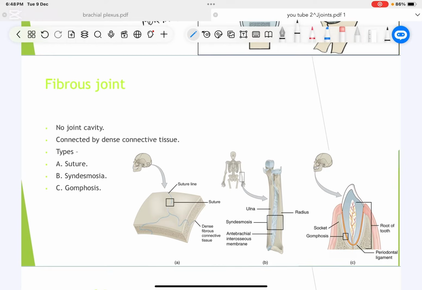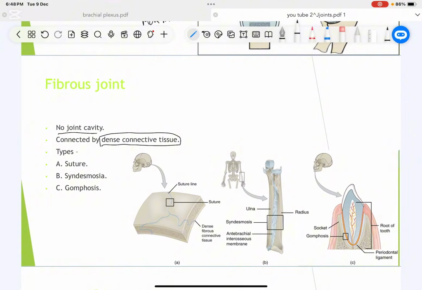The first joint we are describing, as you can see on screen, is the fibrous joint. For the fibrous joint, remember that when the two skeletal components attach, the space in between is covered by densely arranged connective tissue, and there is no visible cavity in this space.